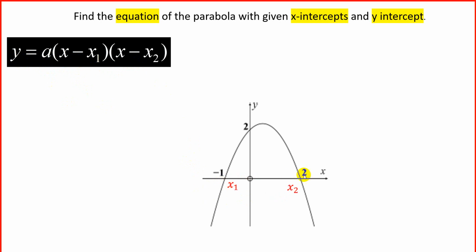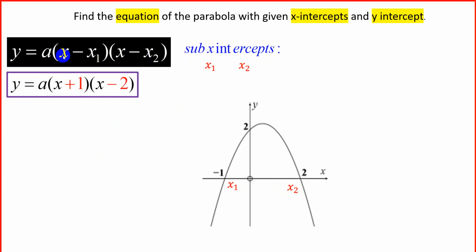Note the x-intercepts, -1 will represent x1, 2 will represent x2. The order here does not matter. So we're going to substitute the x-intercepts into x1 and x2, and we end up with x minus -1, which gives you a plus 1, and x minus 2.